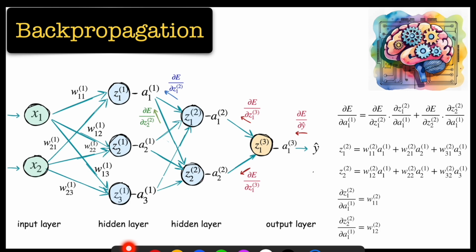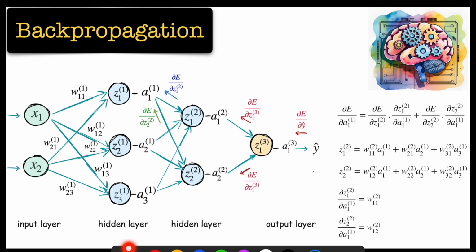So del E del A11 will be del E del Z12 times del Z12 del A11 in this path, plus del E del Z22 times del Z22 del A11 in this path. We calculate in both paths and take the summation.